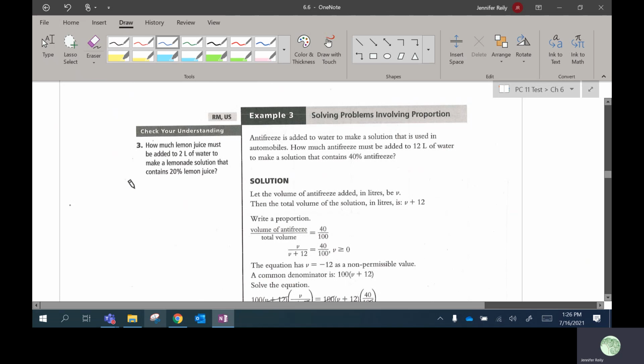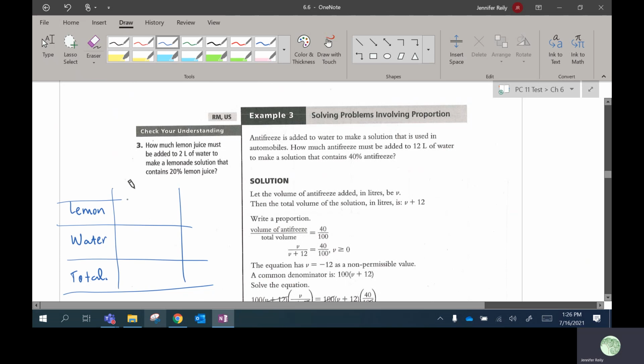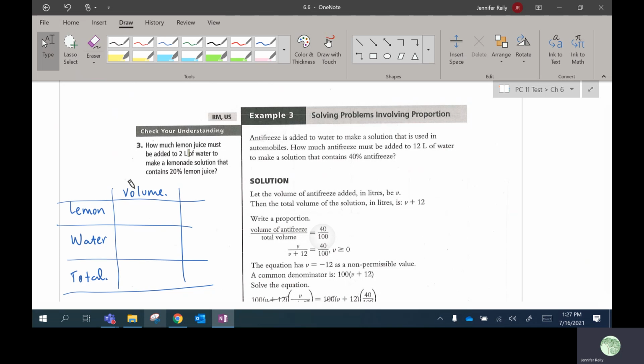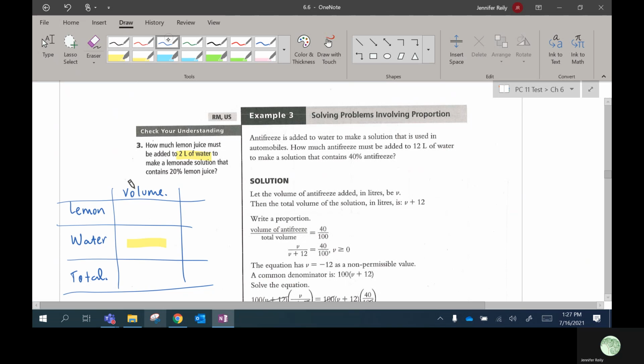It'll be pretty simple. I'm just going to have my lemon, my water, and my total. And let's put the volume here. So I am told that we need 2 liters of water.